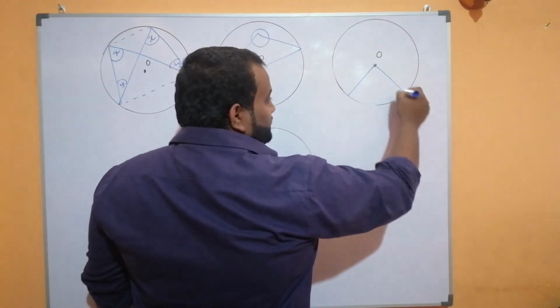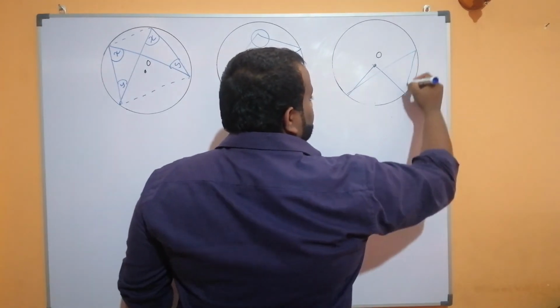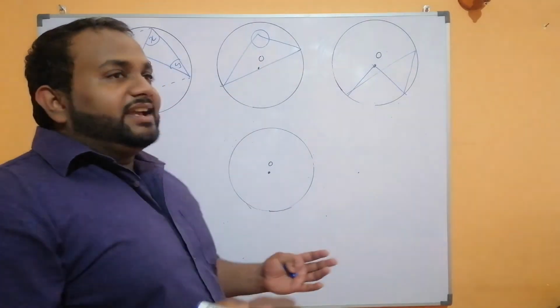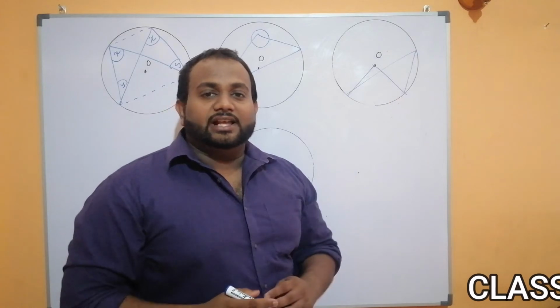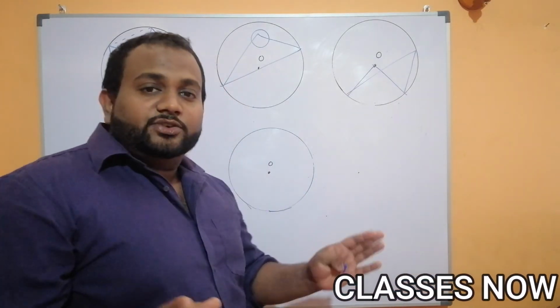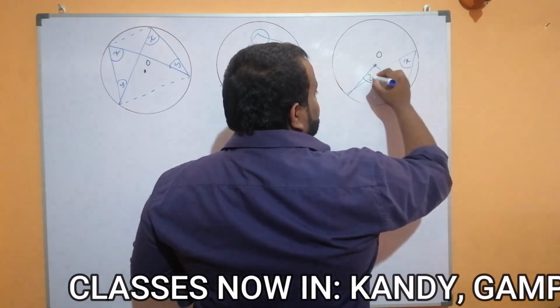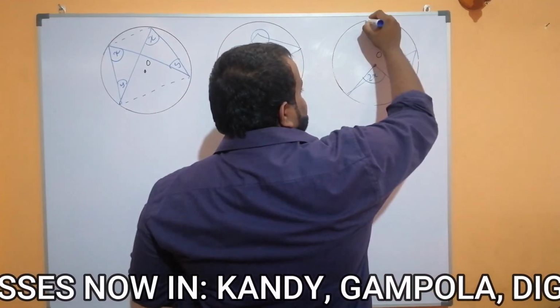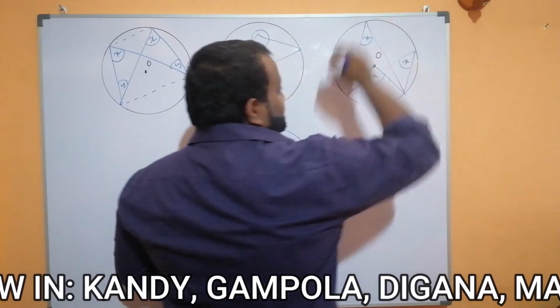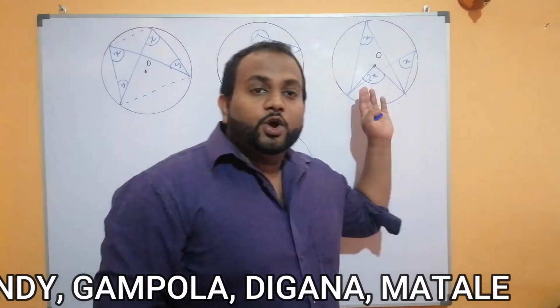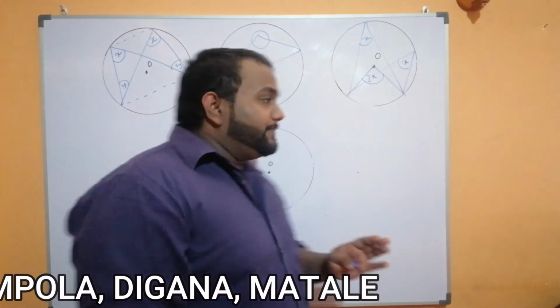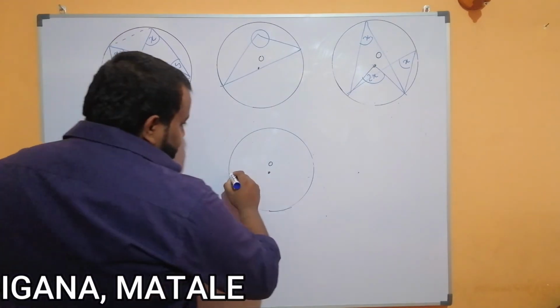Also, you all think that this is not the twice angle theorem. No, this is indeed the twice angle theorem. If this is x, this is 2x. Just like this. If this is x, this is 2x. Twice angle theorem.